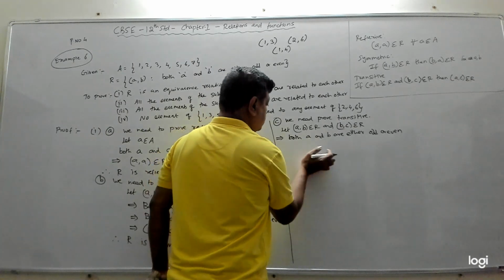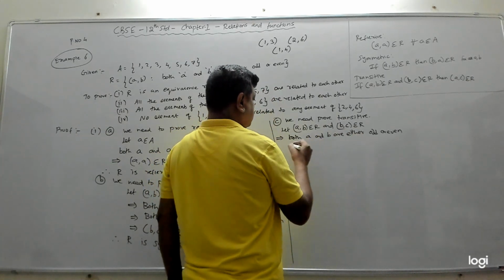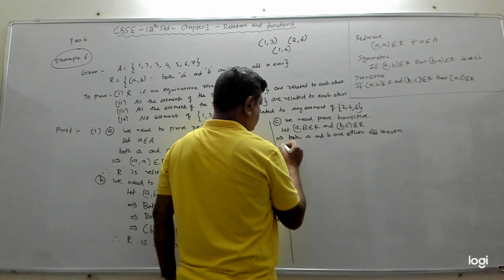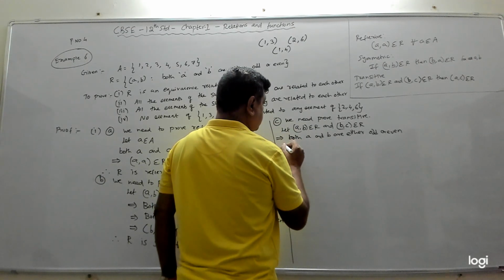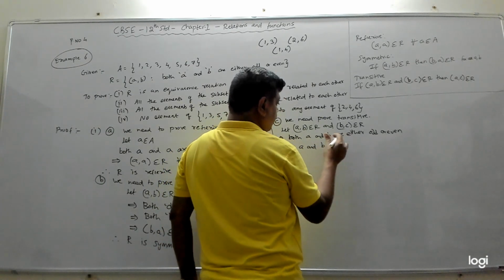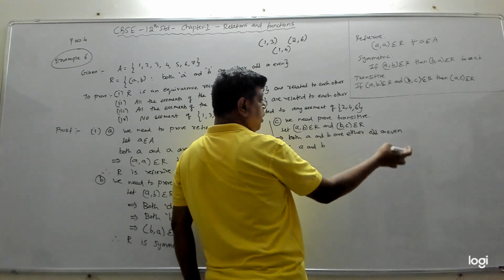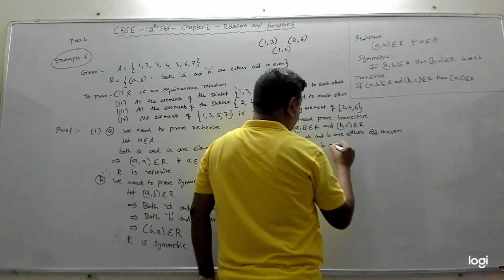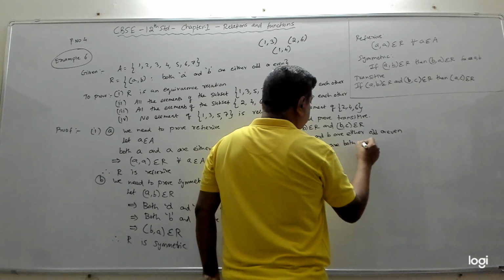Now suppose we have two cases. If A and B both are odd, what happens? If A and B both are even, what happens? Take the case where A and B are both odd.